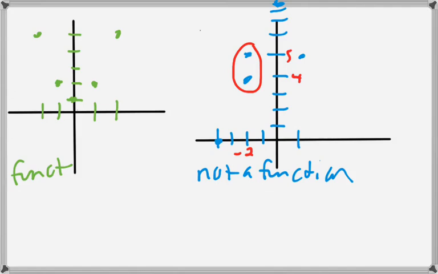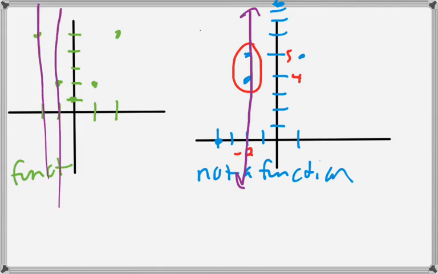Since they have the same input, they lie on the same vertical line. If we look at the graph that was a function, we don't have 2 points with the same input, therefore we don't have 2 points that would lie on the same vertical line. This is the only point on that vertical line, this is the only point on that vertical line, and so on.